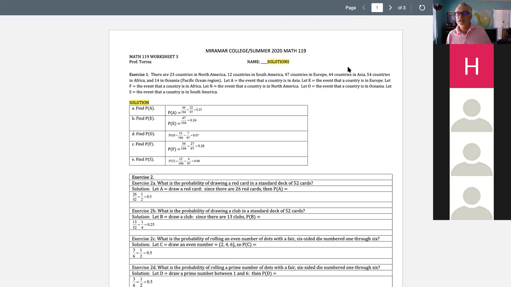And in the previous worksheet that we did on Friday, we actually tossed a coin 3 times.